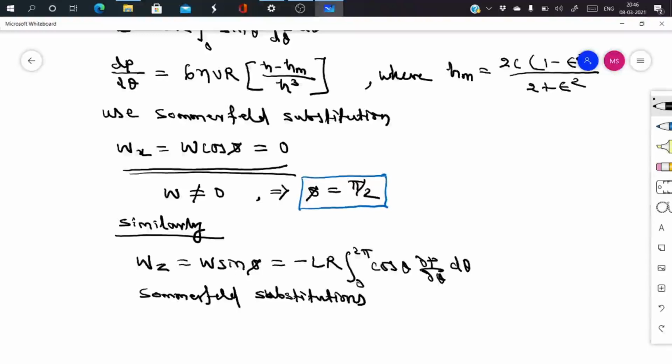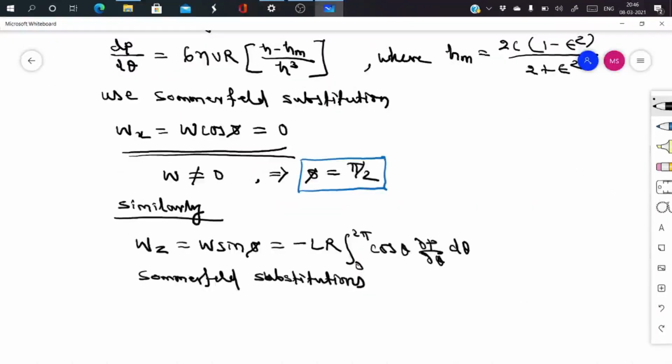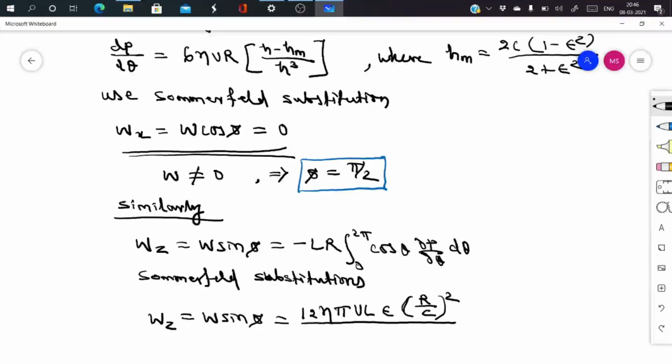Then you will get finally Wz equal to W sin phi equal to 12 eta pi u L epsilon (r by c) whole square divided by (2 plus epsilon square) (1 minus epsilon square) to the power 1 by 2.